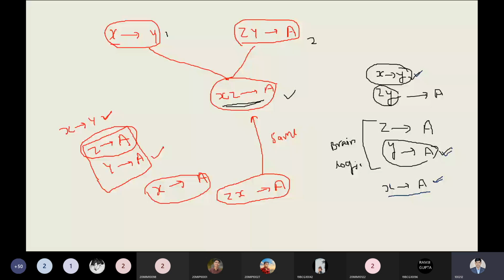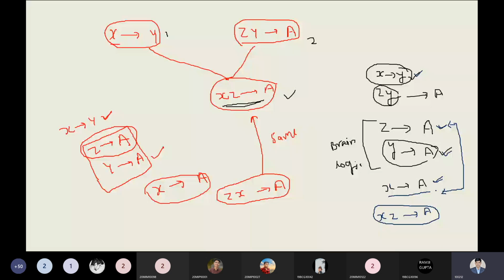Okay. So if I'm choosing this dependency and the newly computed dependency over here, I'm marking by arrow symbol. You can see on the right side we have the common. So I can write XZ determinant to A. This is the reason the pseudo transitivity is working like this. That was my point.